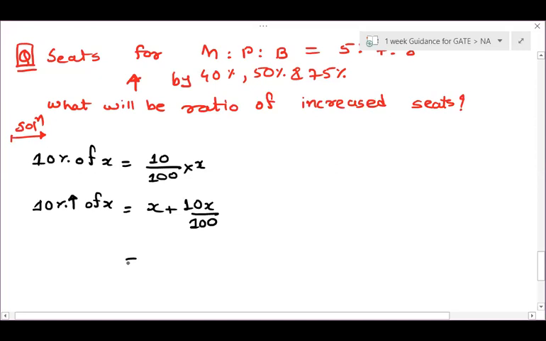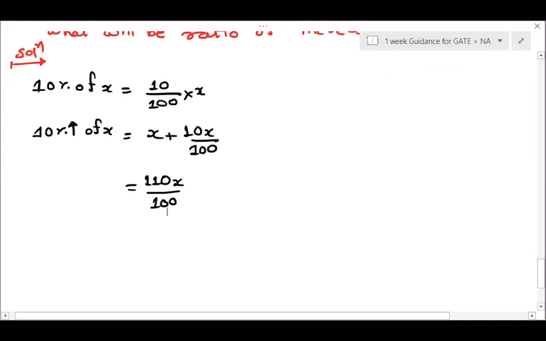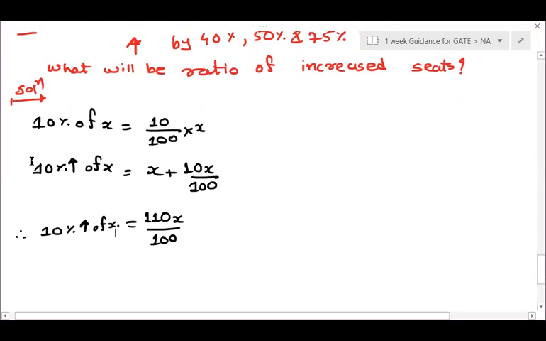So it is 100 plus 10, 110x divided by 100. Okay, so this is your 10% increase of x. Is it clear or not? Please give me some response. These two difference is clear. This is only 10% and this is we are going to increase 10%.